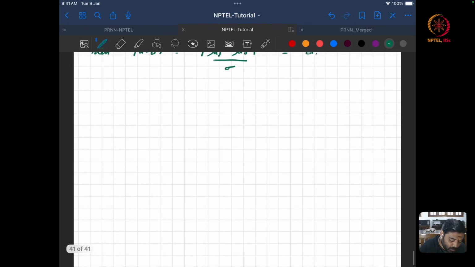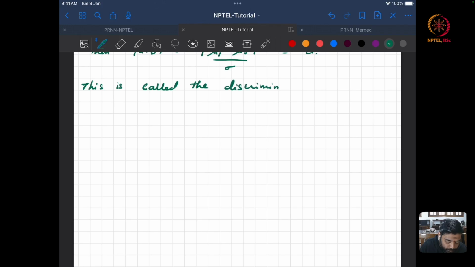Okay, so now knowing E1 and 1 minus E naught, we can get this D, and hence we can get the Bayes error.